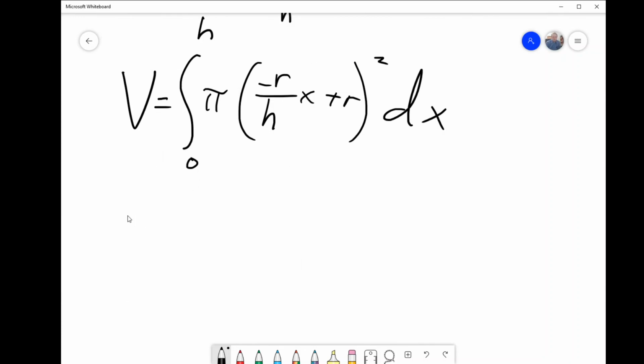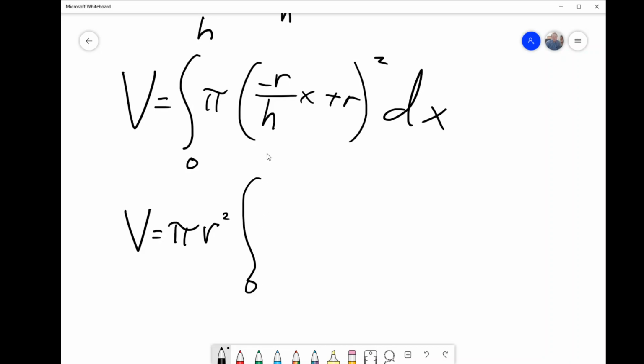We could start by saying pi is a constant. We could pull that out front. The r we have inside is also a constant, right? That is the radius of the base and the base alone. So we have an r overall in this factor. Because that's squared, we'd pull out an r squared.